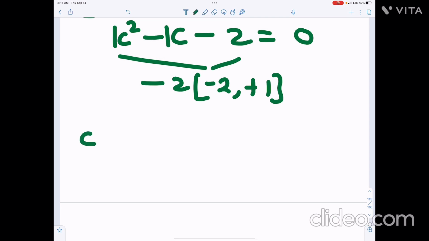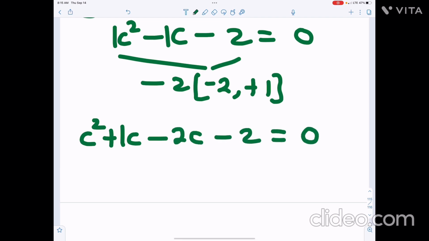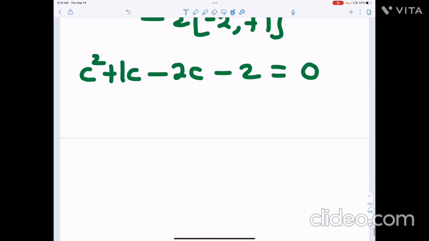So this will become c squared plus 1c, let's put it that way. C squared plus 1c minus 2c minus 2 is equal to 0. I don't think you need help with this, but let me just give these steps. C squared is c times c. 1c is what?